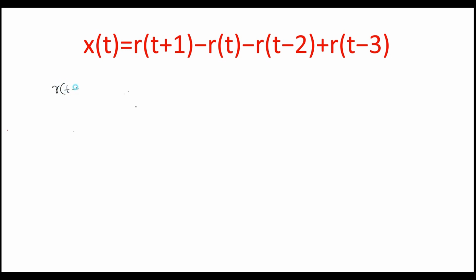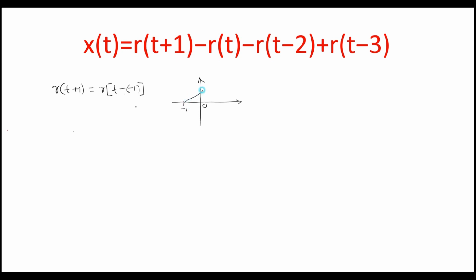r of t plus 1 is a ramp signal which is shifted towards left, at t equal to minus 1. Therefore, we can represent it as r of t minus of minus 1. This can be represented as, say this is 0 and this is minus 1.